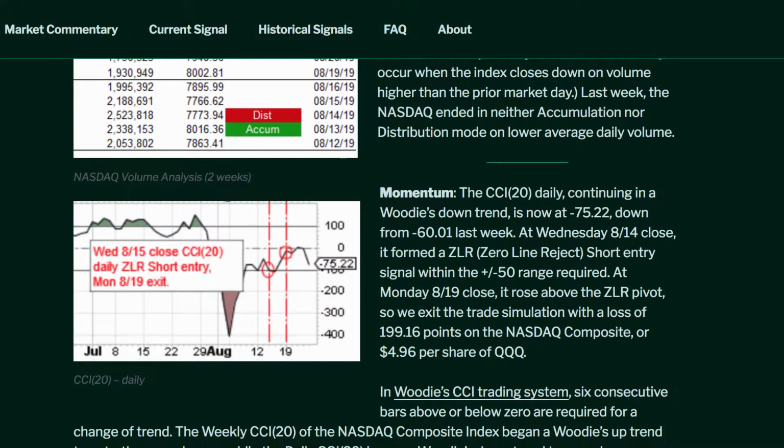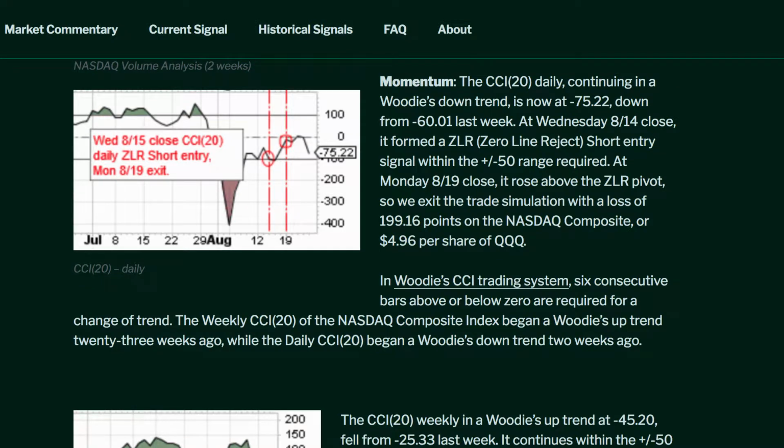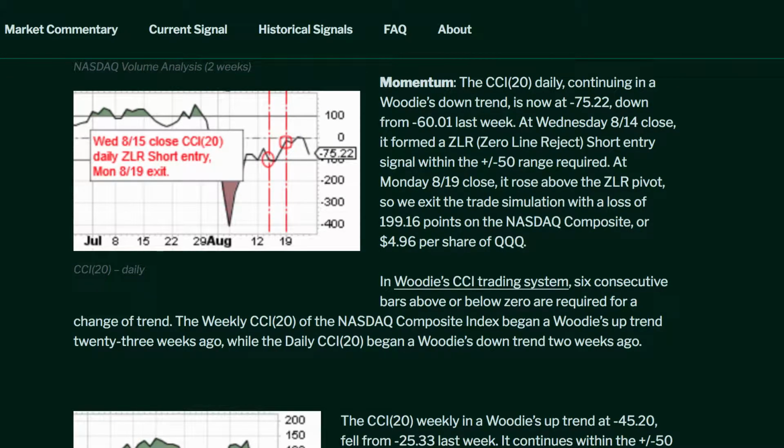Momentum. The CCI 20 daily, continuing in a Woody's downtrend, is now at negative 75.22, down from negative 60.01 last week. At Wednesday 8:14 close, it formed a zero-line reject short entry signal within the plus or minus 50 range required.